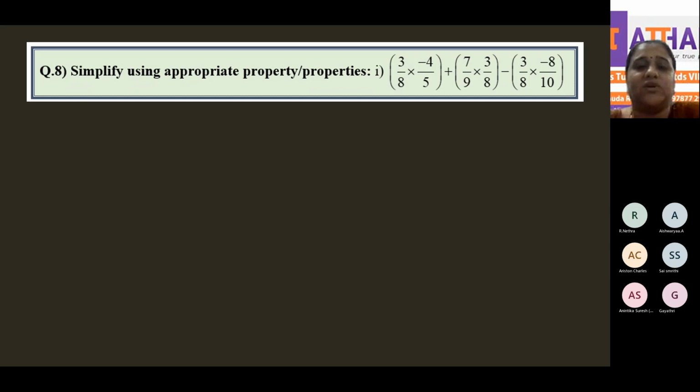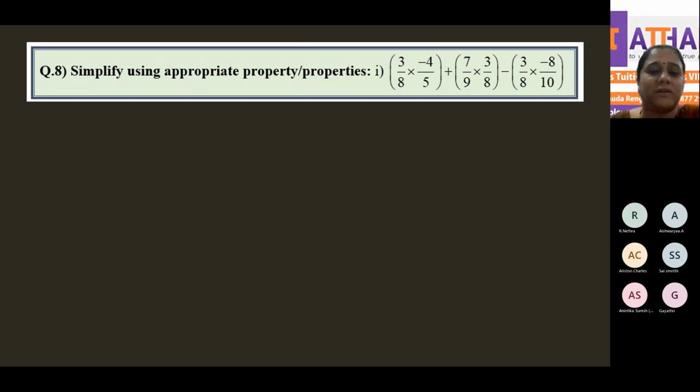A plus B is equal to B plus A. We change the order in which the terms appear. Commutative property is nothing but rearranging the terms.